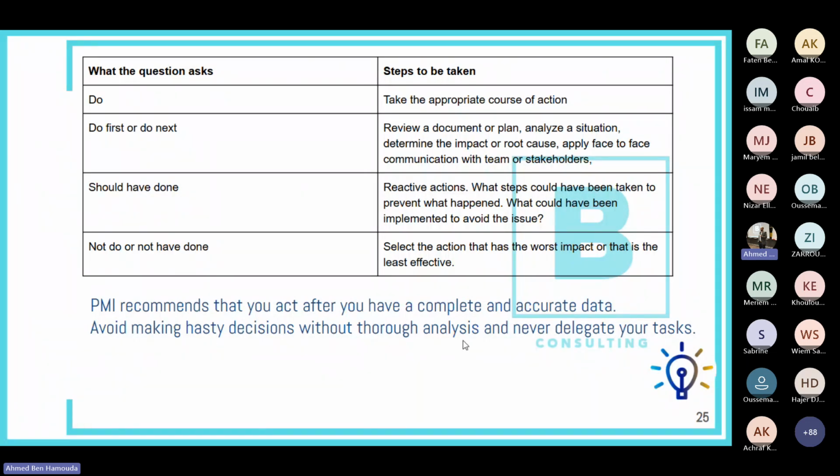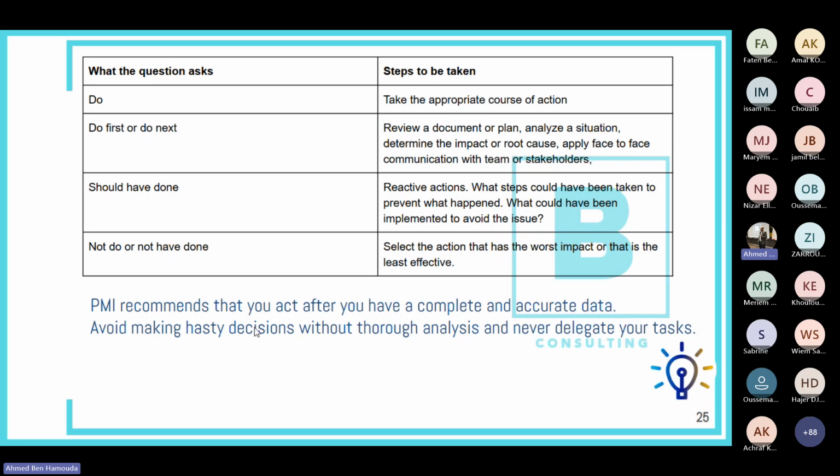That's why, if you have a question where an answer indicates making an analysis, such as, for example, what to do first or next, then you definitely need to pick the answer of analyzing the situation. Okay, because PMI really wants you to have this mindset of making analysis before taking any decisions.